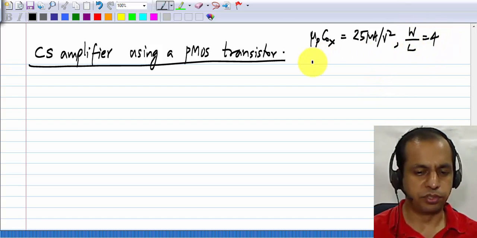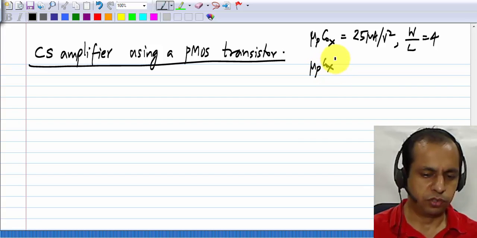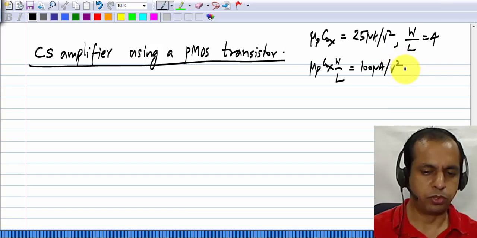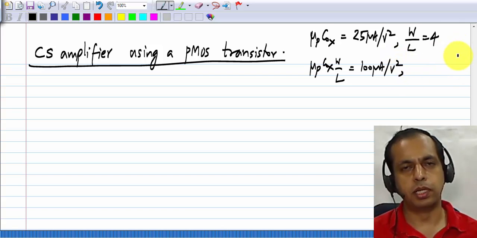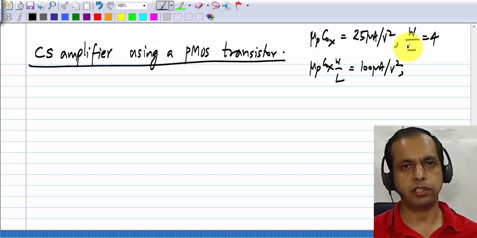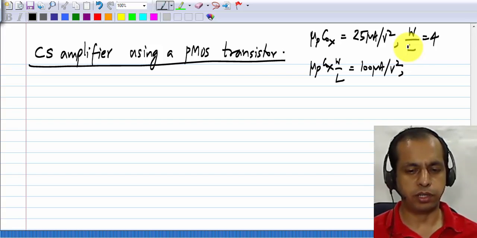So what this does is to have mu PCox W by L equals 100 microampere per volt square, the same as for the NMOS transistor. So this is just convenient, so we can use the results that we already calculated and so on.